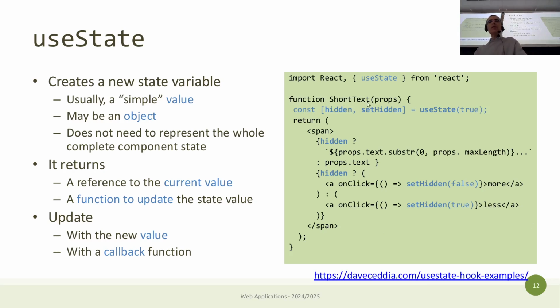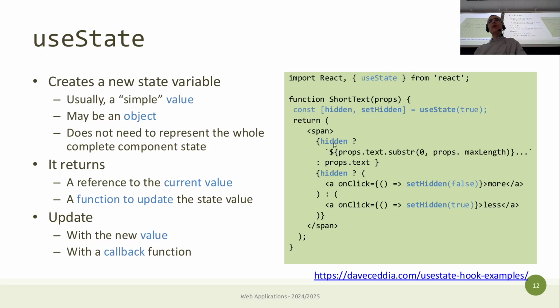That's the name I gave to the component. It's a function that takes props as parameters, as we did until now. Everything is the same. It has a return value that is JSX, a span, open and closed, and then some text.